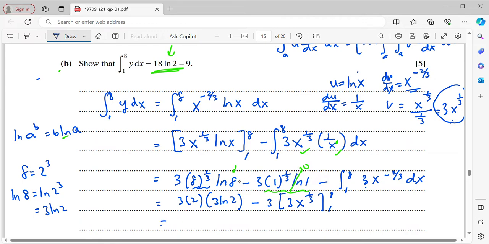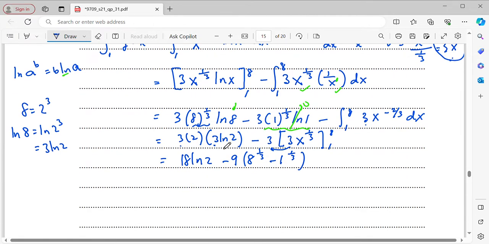Okay, then here 3 times 3 is 9, 9 times 2 is 18, so I get 18 ln 2. Then you will be getting this 3 brought down, take it out, it will be minus 9. Then replace the x by 8 first. So 8 to the power 1 over 3 minus 1 to the power 1 over 3.